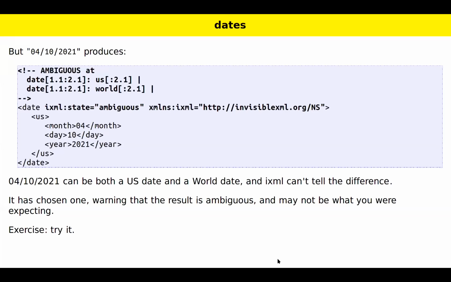You'll also see that it gives you one of the solutions, but it marks it as ambiguous. So it chooses one at random. You can't say how it chooses it, just so that you know it might not be what you expected. So your exercise now is to do that. Try it out and see an ambiguous date.